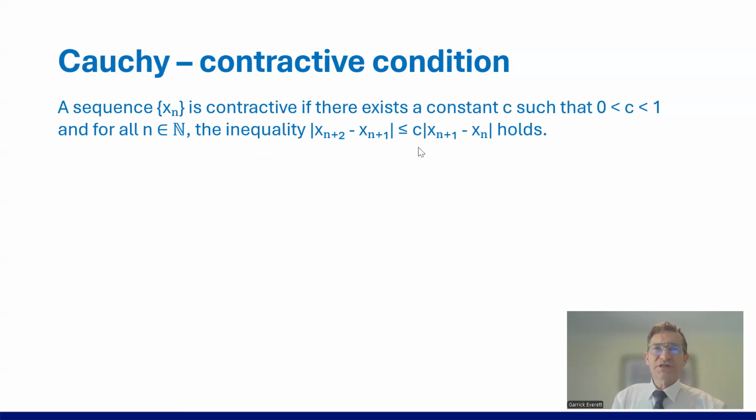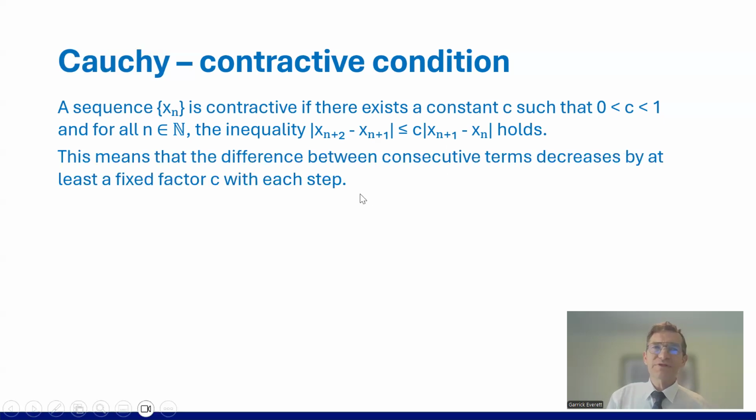So it's considered contractive if this is true. This means that the difference between consecutive terms decreases by at least a fixed factor of c with each step. That's the contractive condition, so that's just to keep in mind.